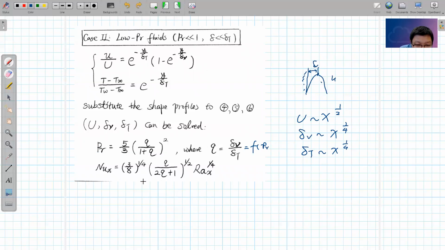Okay, and the overall local Nusselt number will be contained in this Q term, and the Q term basically is the Prandtl number. The Prandtl number term and Reynolds number term.